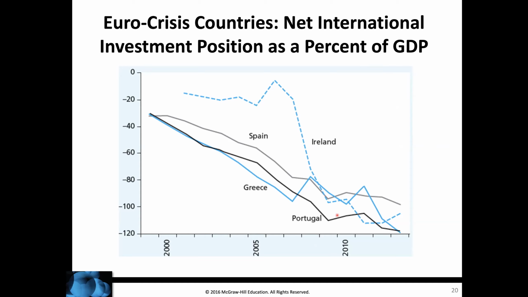So by 2009, all had negative net international investment positions between 90 and 112%. We can compare this. The net foreign debt figure shown for the United States in the book in 2017 was 40% of U.S. GDP.